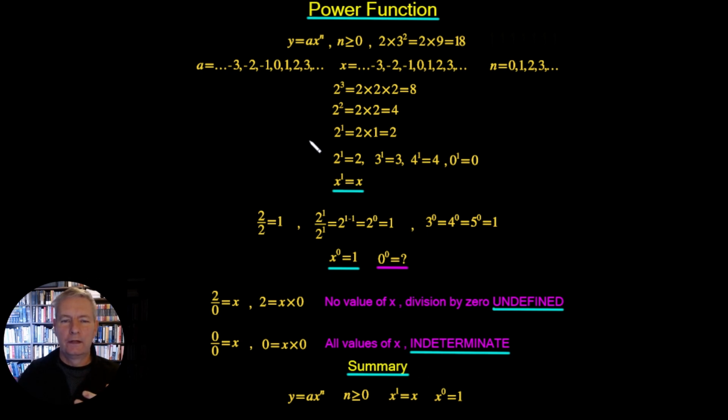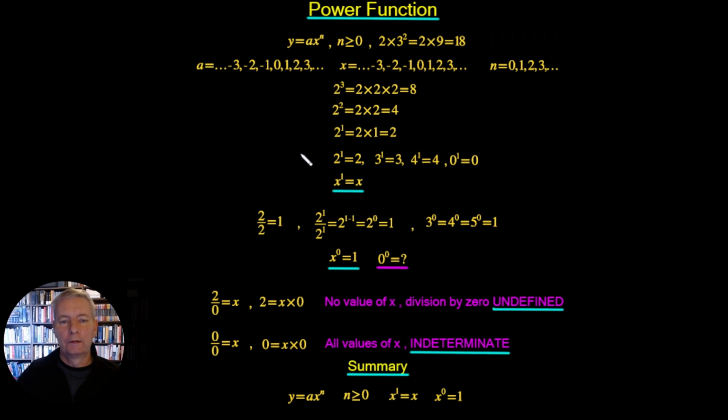So how do we then define 2 to the power of 1? What are we multiplying 2 by? We're not multiplying it by 2 because that's 2 to the power of 2. So we, by definition, say that 2 to the power of 1 is equivalent to 2 times 1, which is equal to 2. So it means that all numbers raised to the power of 1 are going to give us just the number back.